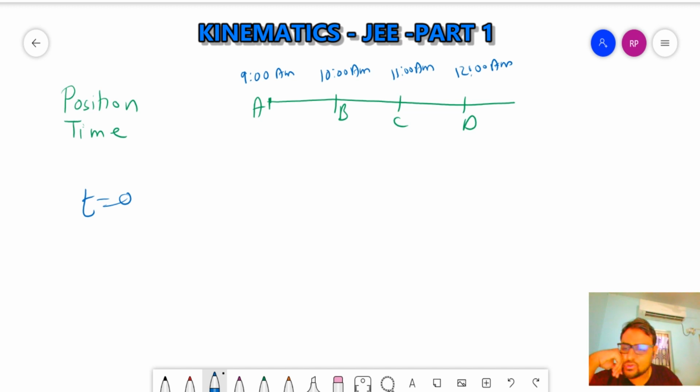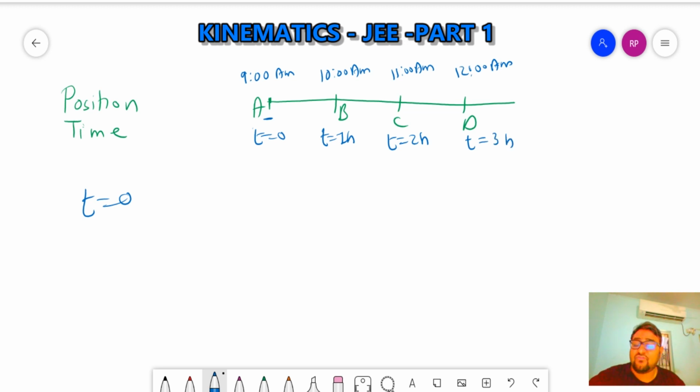We say t equal to 0 means the time from which we started the observation. Suppose I started my observation at t equal to 0 at A. That means the object reaches B at t equal to 1 hour, C at t equal to 2 hours, and D at t equal to 3 hours.